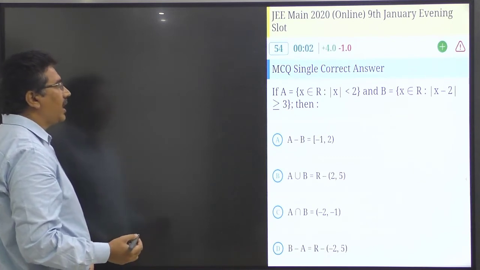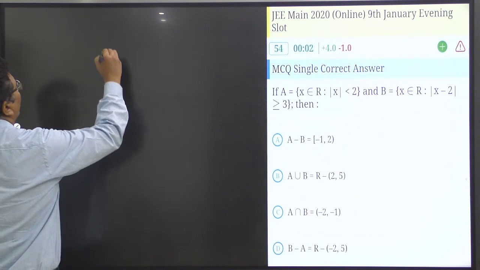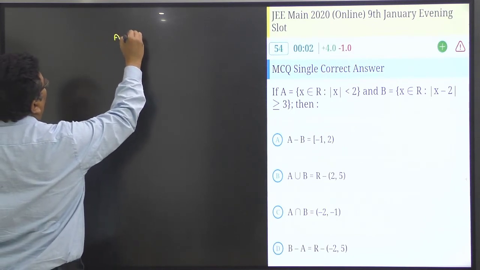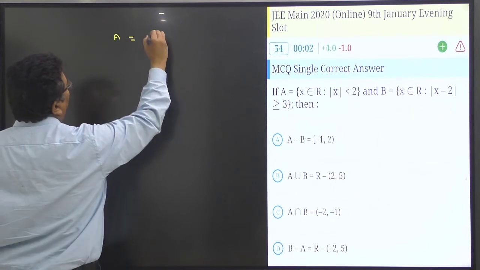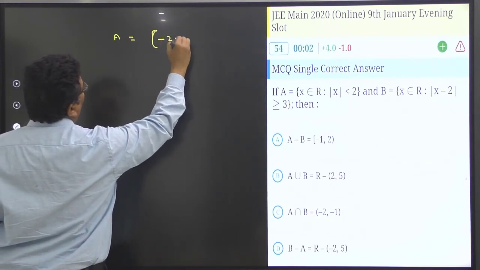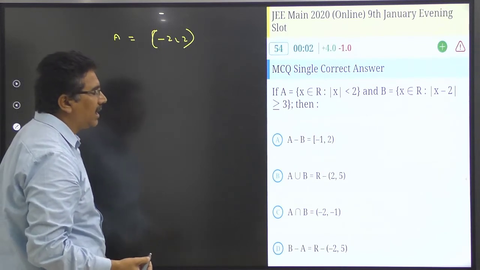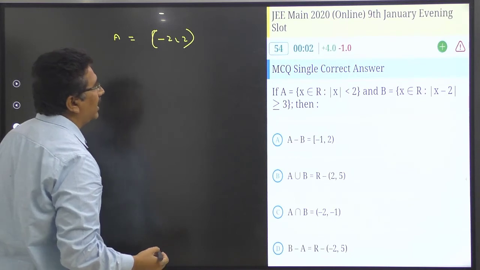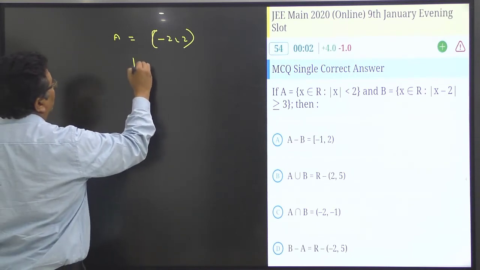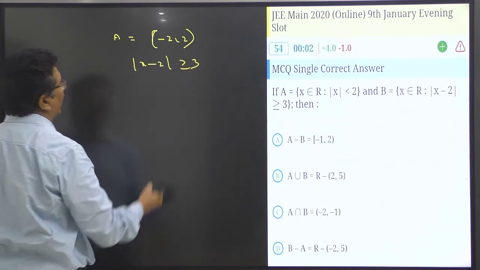Now let us see set A, that is mod x less than 2. It means the open interval minus 2 to 2, so x lies between minus 2 and 2. Set B: modulus of x minus 2 greater than or equal to 3.